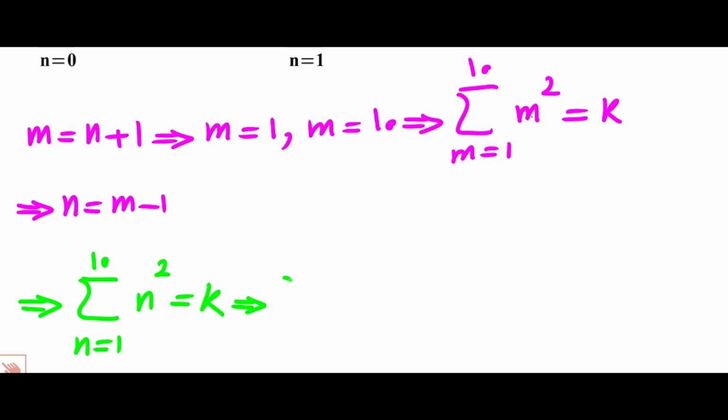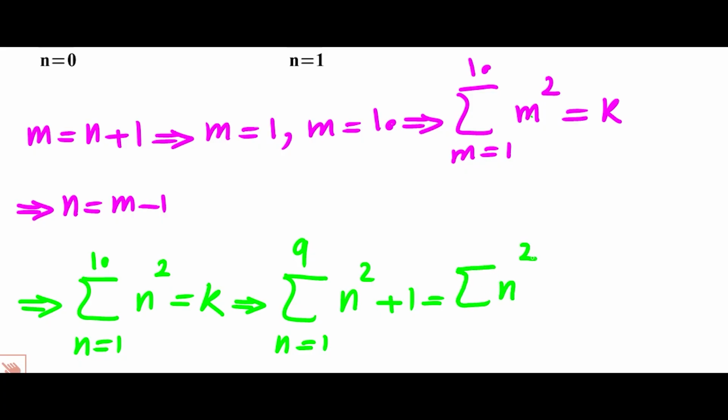Now we want to find the sum of n squared plus 1 from n equals 1 to 9. If we separate the summation, we have the sum of n squared from n equals 1 to 9 plus the sum of 1 from n equals 1 to 9.